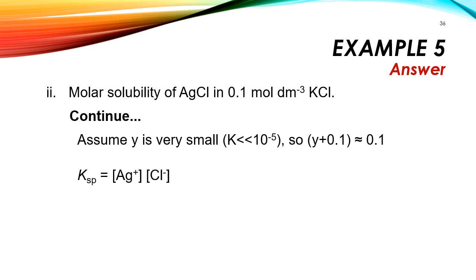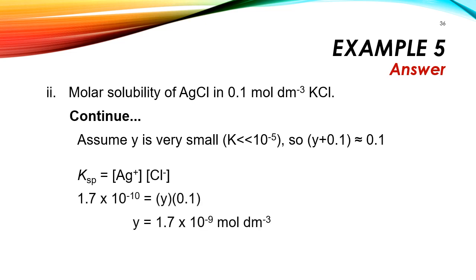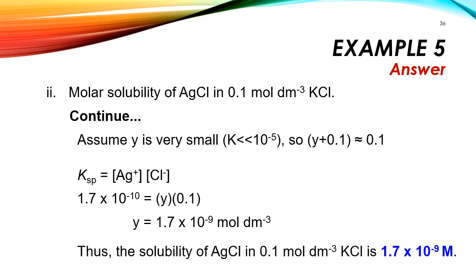From the Ksp expression, that is argentum plus concentration times chloride ion concentration, substituting the values, we obtain y equal to 1.7 × 10^-9 molar. Thus, the solubility of argentum chloride in 0.1 molar potassium chloride is 1.7 × 10^-9 molar.